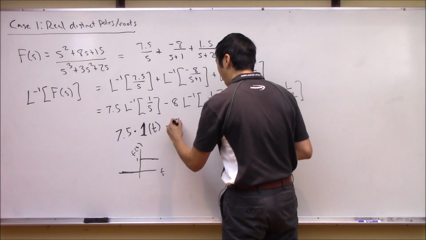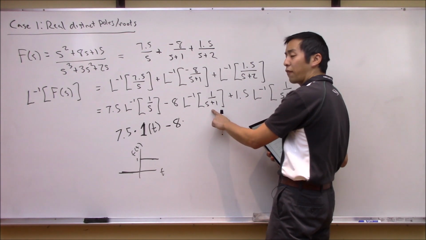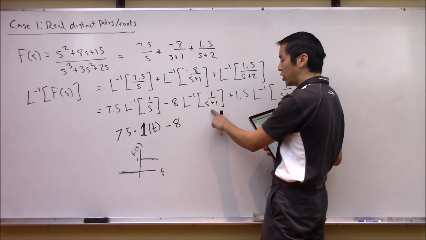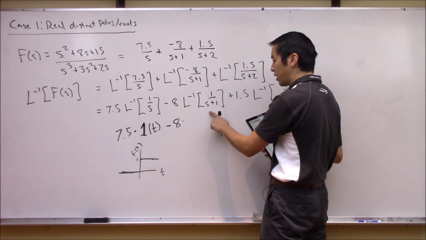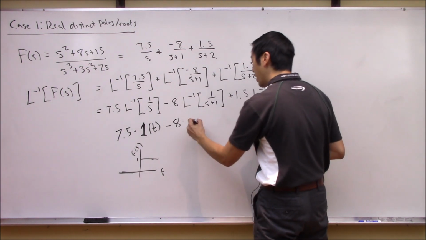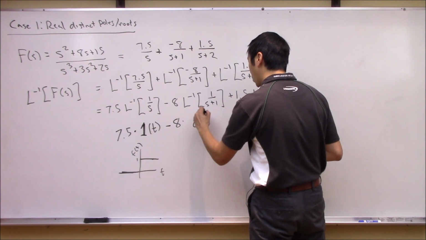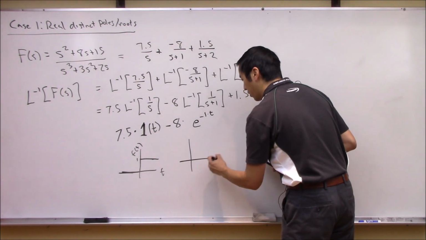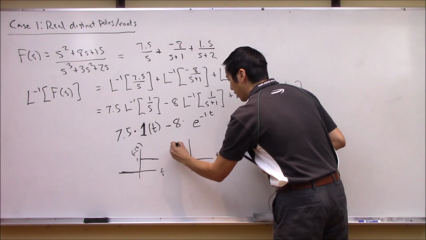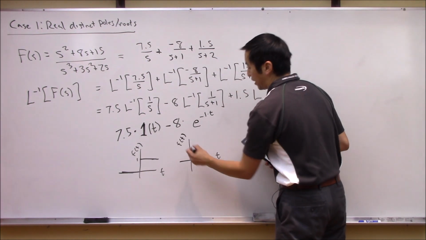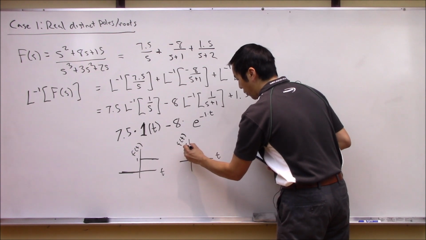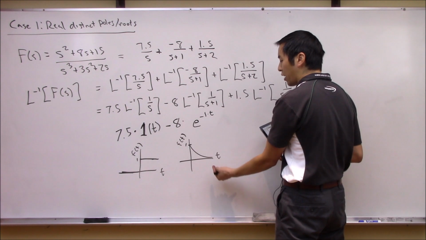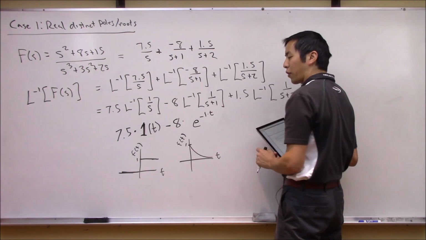Similarly, let's do this here, 8 times, again, this thing should look very, very similar. We did this exact version of a function in the discussion on the forward Laplace transform. So this is e to the minus 1 times t. The concept here was if you had a function which looked like e to the minus 1t, when you take its forward Laplace transform, you get 1 over s plus 1.